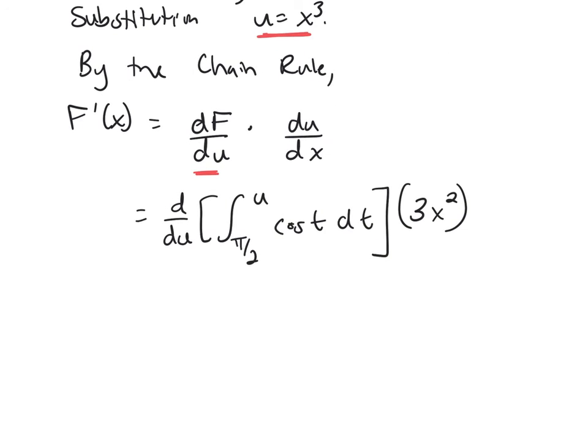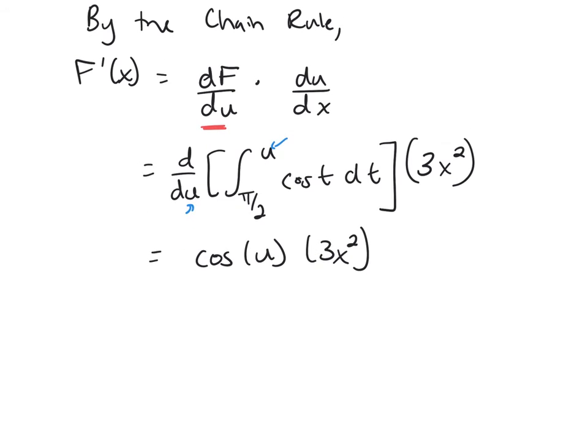Now, here I'm taking the derivative with respect to u, and this is just a u up here, so you can use the second fundamental theorem of calculus to say that this is cosine of u times 3x squared. And for your final step, we need to plug back in what was u. It was x cubed.